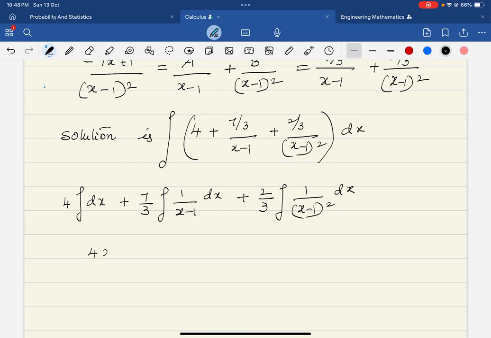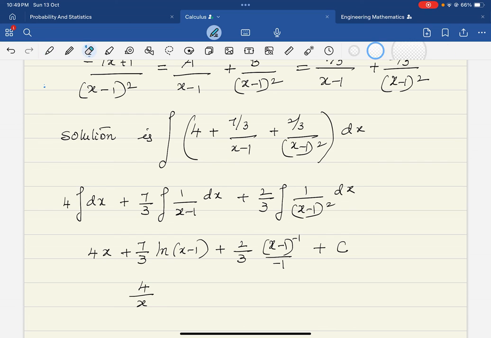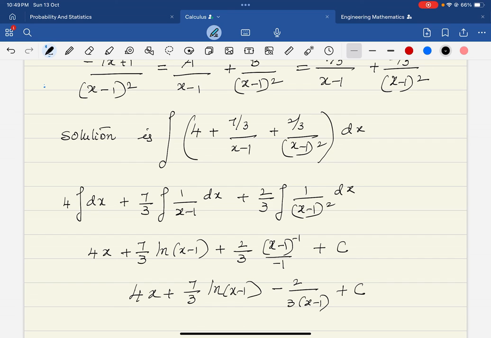So that is 4x plus 7 by 3 times ln of x minus 1 plus 2 by 3 times x minus 1 to the power minus 1 over minus 1 plus the constant. So this can be rewritten as 4x plus 7 by 3 ln of x minus 1 minus 2 by 3 times 1 over x minus 1 plus the constant.